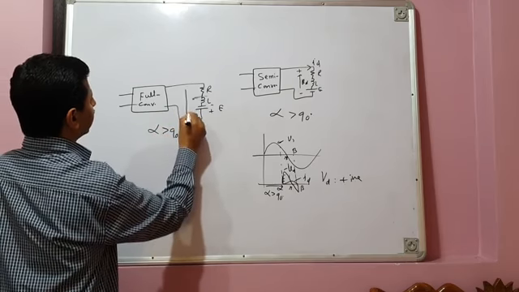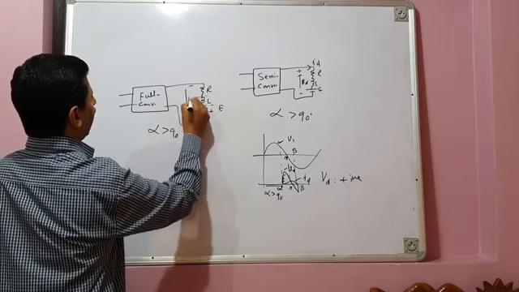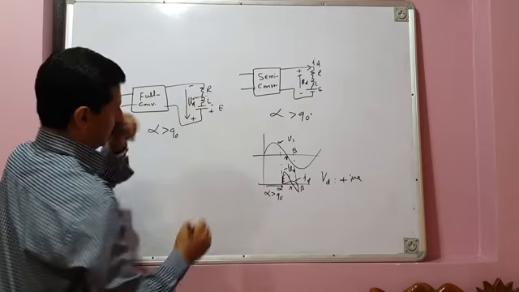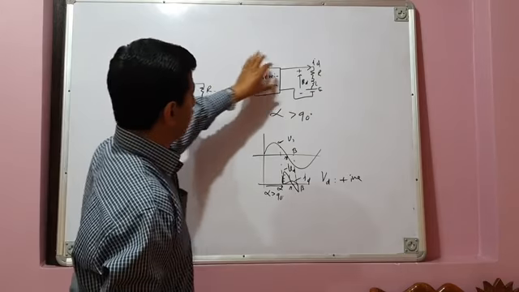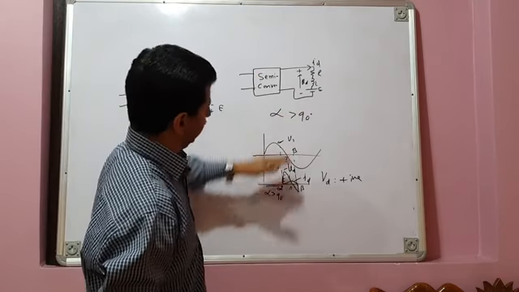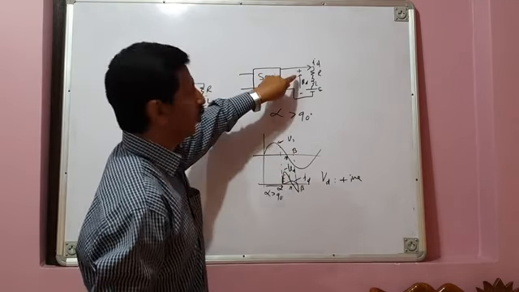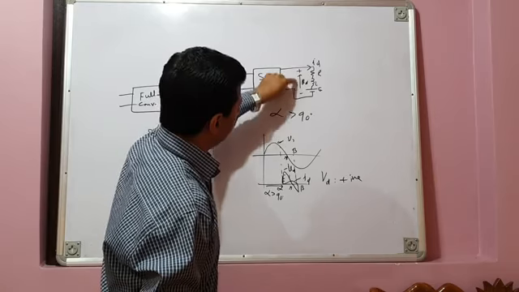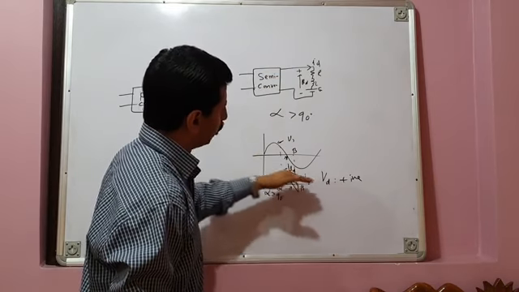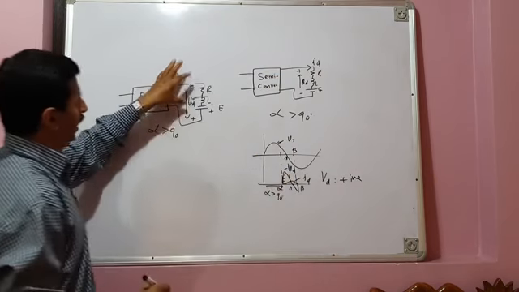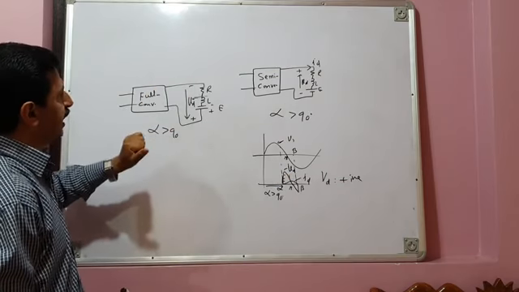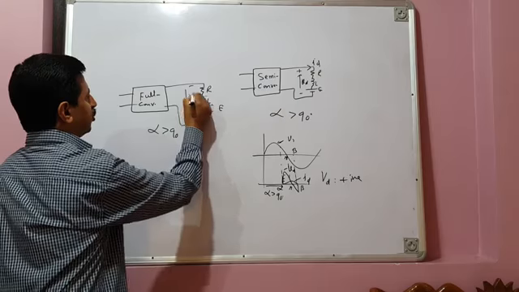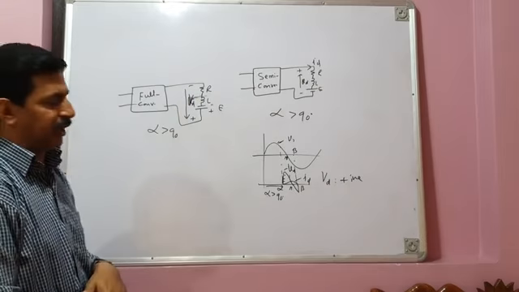For alpha greater than 90 degrees, your average output voltage is negative. Whereas in the semi-converter, even for alpha greater than 90 degrees, the average voltage is positive. Here average output voltage VD is negative. So this is capital VD, the average output voltage.